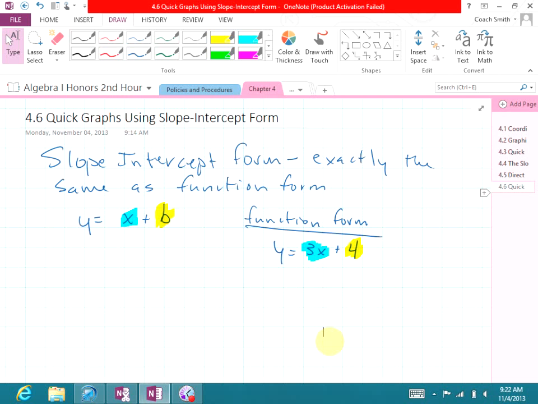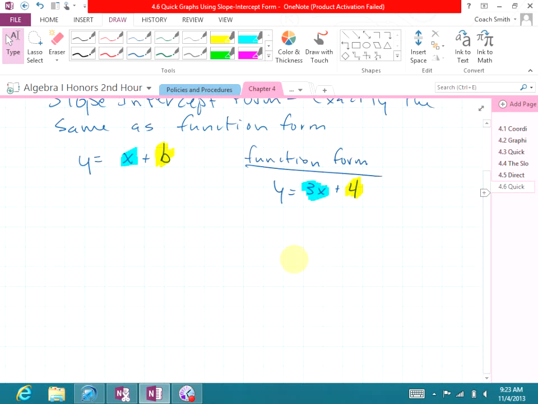Now, here's what this actually stands for. If I take y equals 3x plus 4, the 4 is the b, which is the y-intercept. The 4 represents where the line crosses the y-axis, and that's always true.